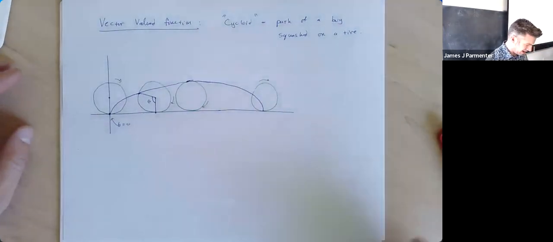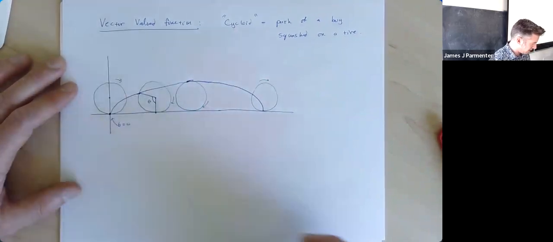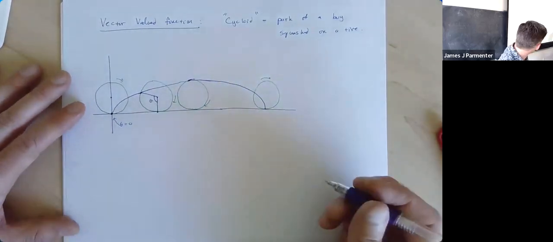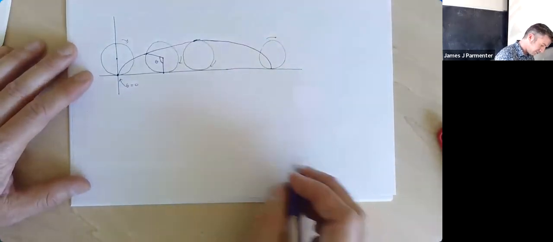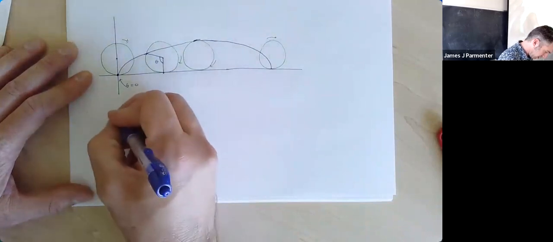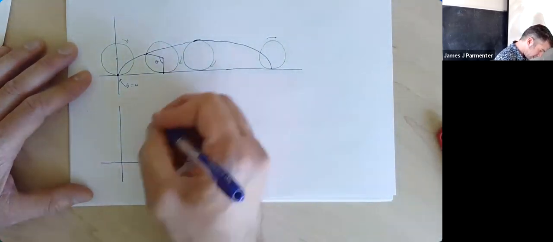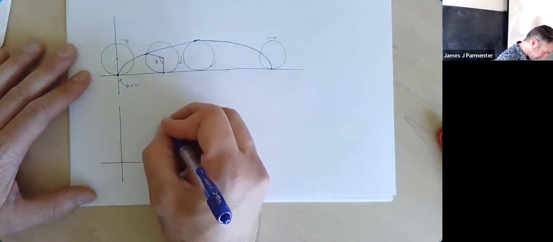So how do we describe the position of the bug based on how much angle we've rolled through? Well, it's a little bit wonky. I want to draw a bigger picture for you so you can see it. I'm going to draw it slightly differently to make it easier.